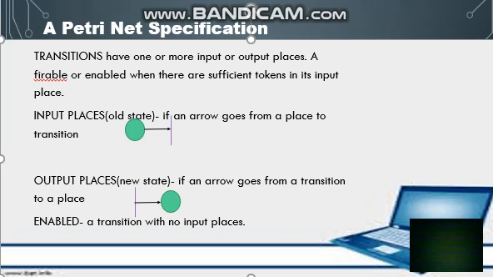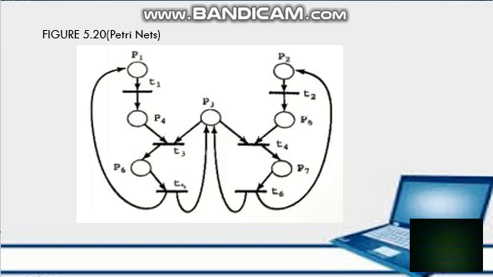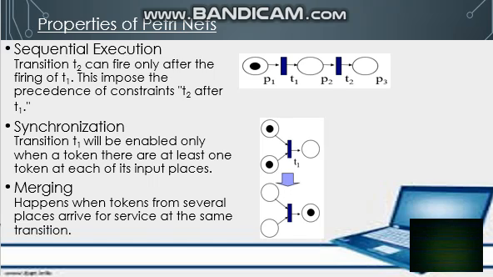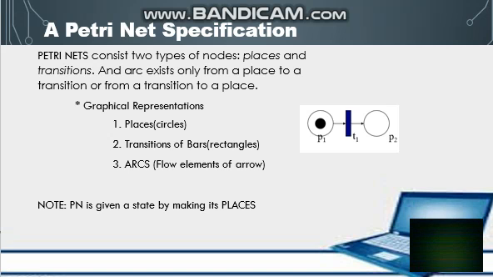So, an enabled transition with no input places. Let's take a look at the first example. From this one, the place is going to be fired into the other places because the transition node is ready, and there is at least one token in each of its input places.